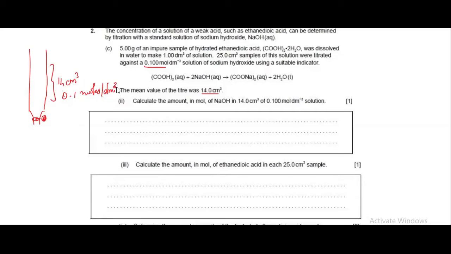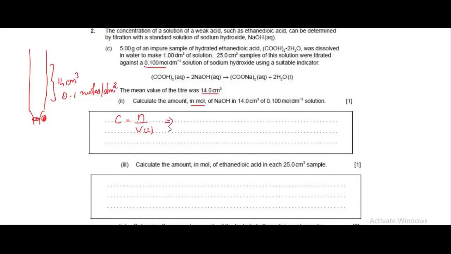So the first part of the question is asking us to calculate in moles the amount of NaOH that is used, meaning whatever NaOH solution was used, we have to calculate its amount in moles. For that, the formula is concentration is equal to number of moles over volume of solution in liters or dm cube.